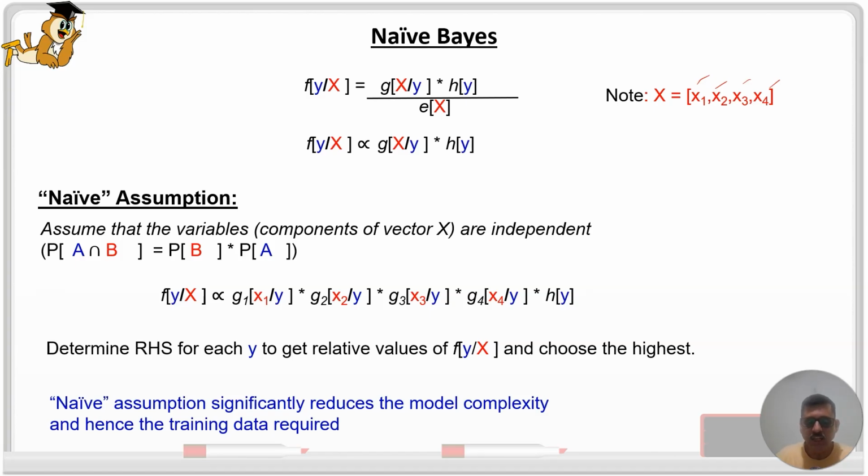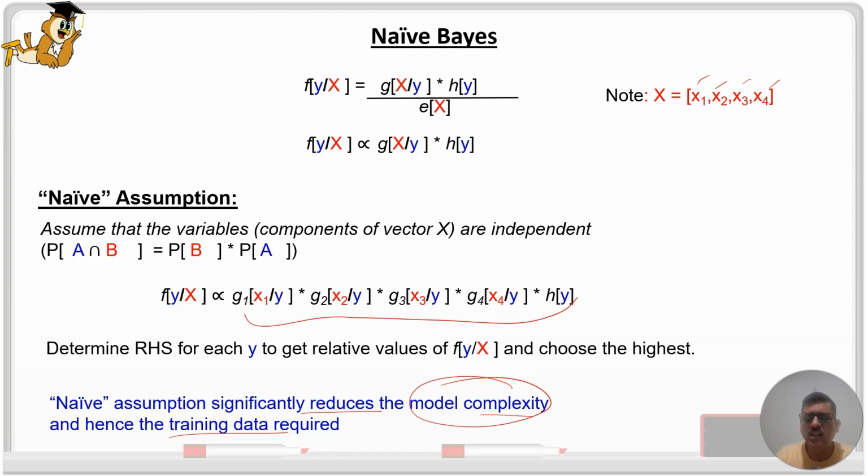This naive assumption actually significantly reduces the complexity of the model and hence the training data required. So the naive assumption actually does two things. Firstly, it allows us to evaluate this in a simplified sort of a fashion. It significantly reduces the model complexity because it completely disregards any correlation between the components of x, and therefore the training data required is small.